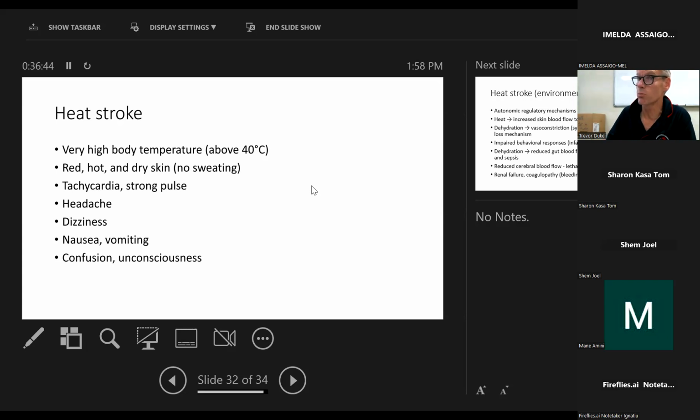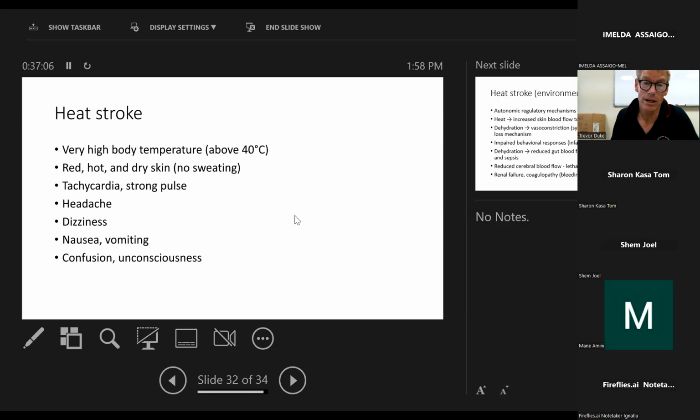They often have a very strong pulse. They look like they've got severe sepsis. If they're older, they have a severe headache. So they're really irritable if they're conscious. Sometimes they're unconscious. And if they're older, they have dizziness because they're severely dehydrated. And they have nausea and vomiting typically. And they have mental confusion, and then they become unconscious, right?